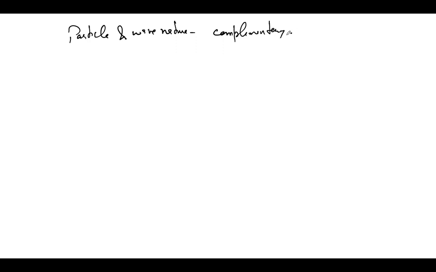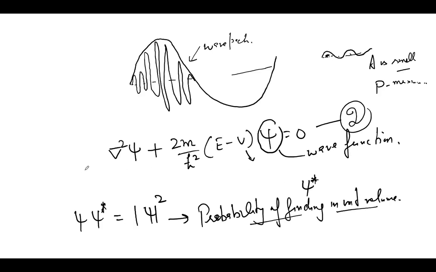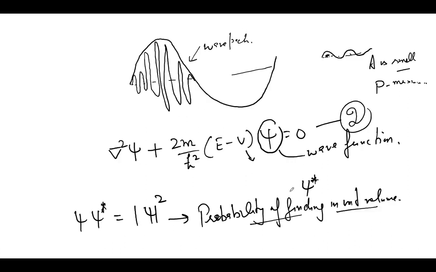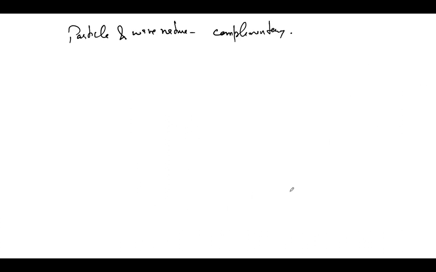And the link between these two concepts is given by the Schrodinger wave equation. This equation is explained through the de Broglie hypothesis. Classically, a moving particle has a definite momentum and occupies a definite position in space.